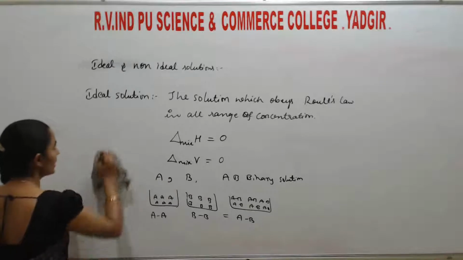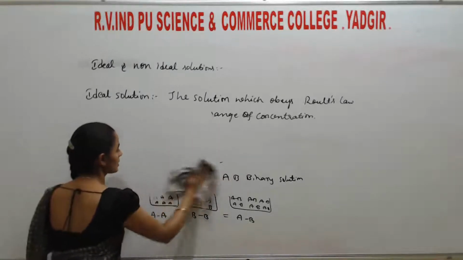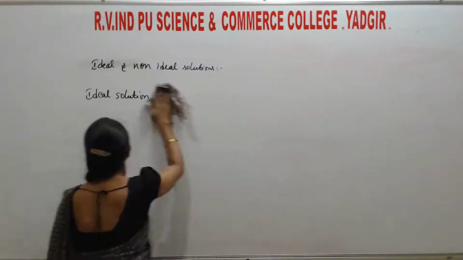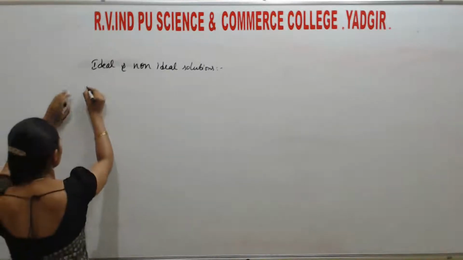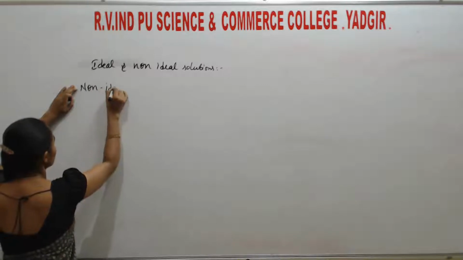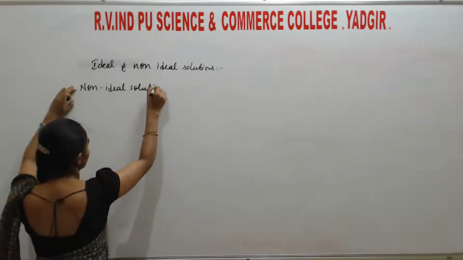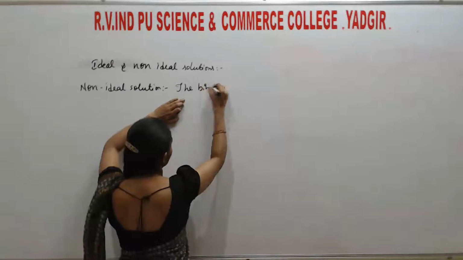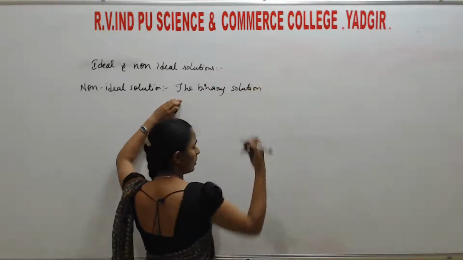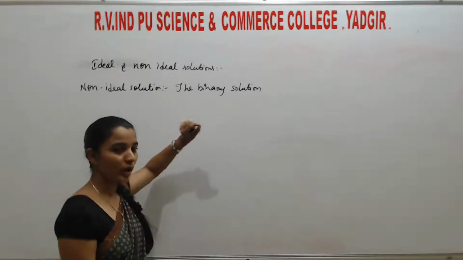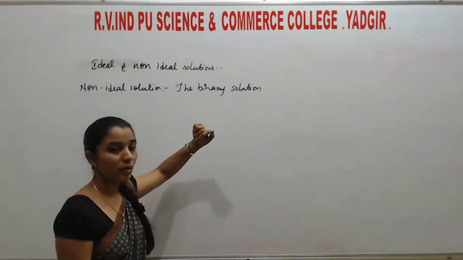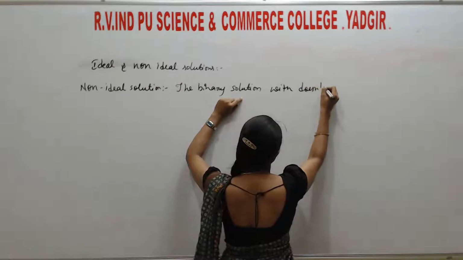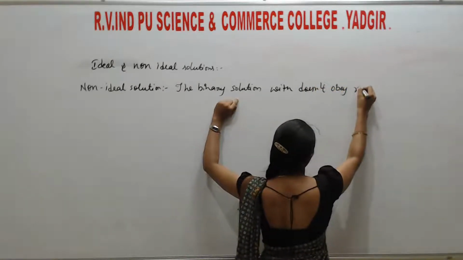In that, again, there are types. A non-ideal solution is a binary solution which doesn't obey Raoult's law. Whatever way you write it, the main thing is you have to mention that Raoult's law is not obeyed.